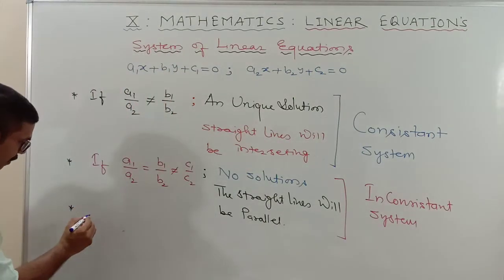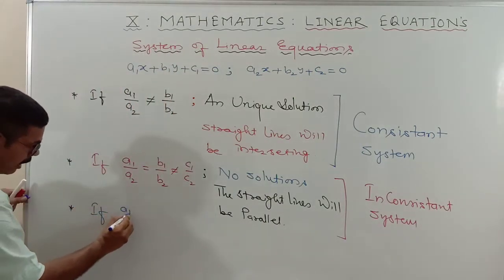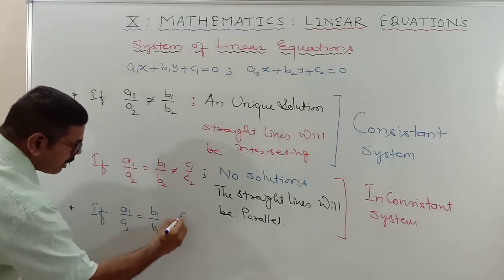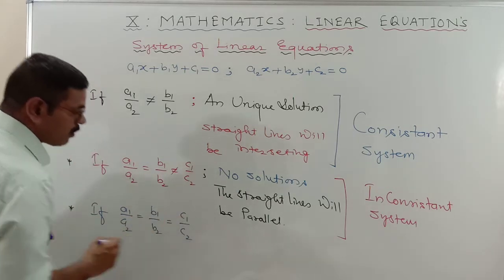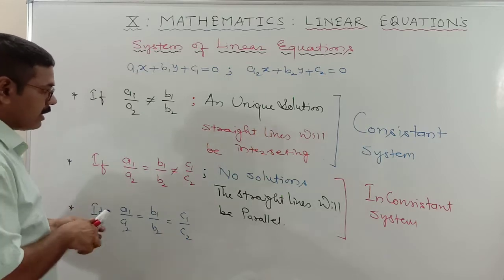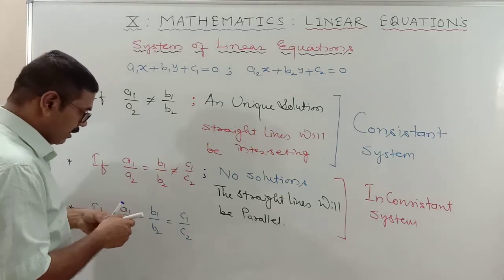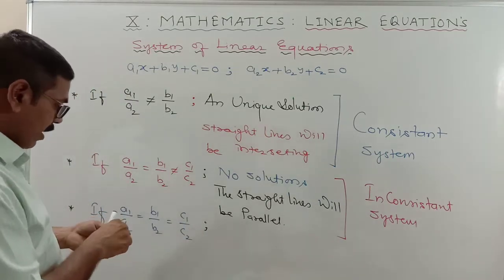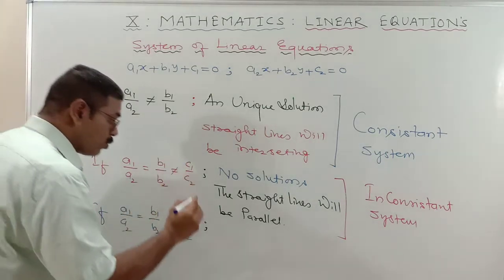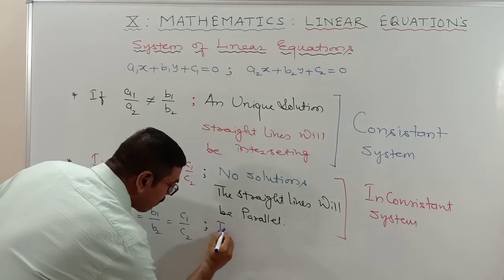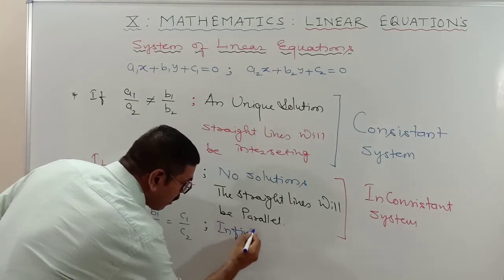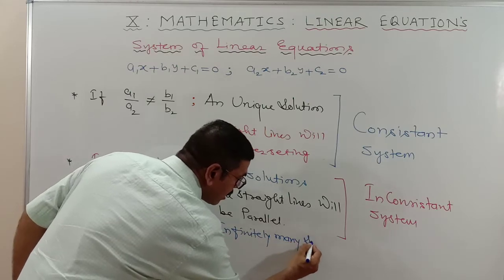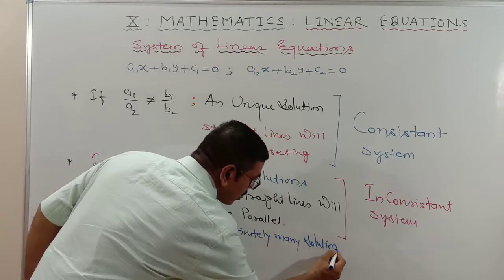See, if a1 upon a2 is equal to b1 upon b2 is equal to c1 upon c2, in this case you may see that the system will have infinitely many solutions.